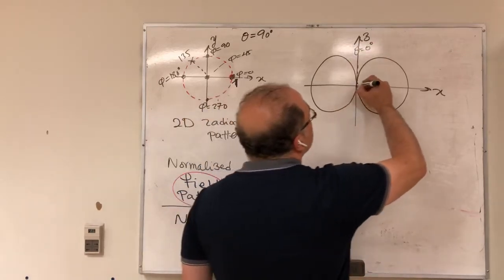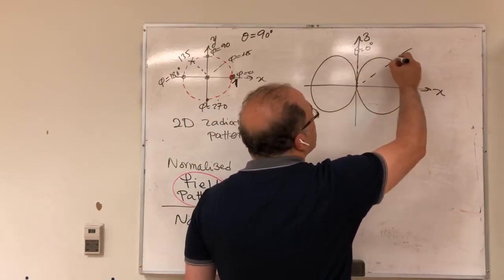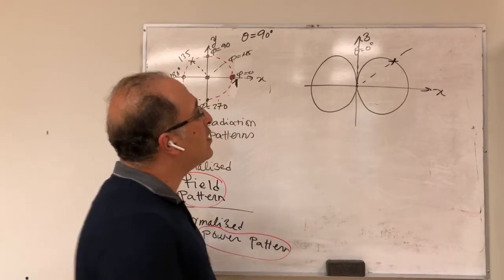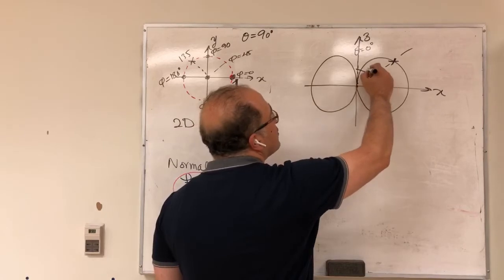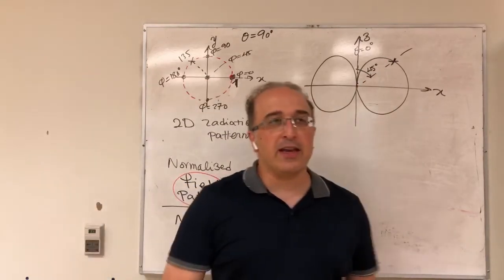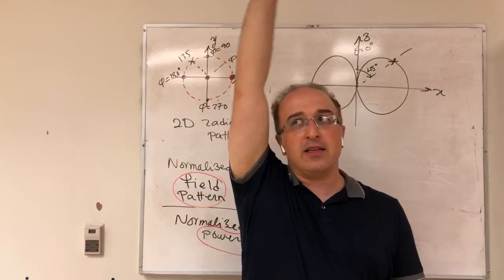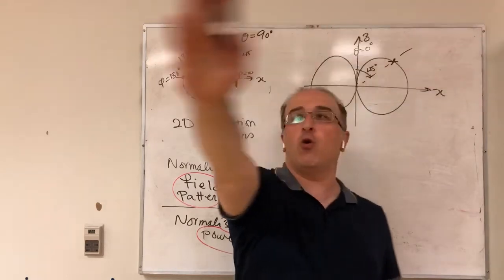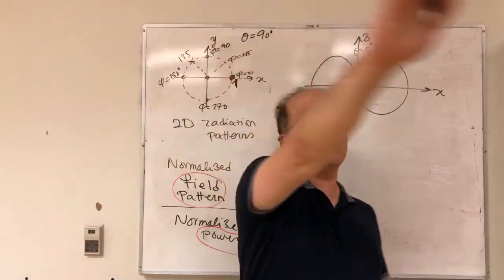Now, what about this angle? What about this point that I'm observing the radiation pattern? This is, of course, as you see, theta 45. But remember, theta 45, again, if I'm on the z-axis, this is 45, but all of these would be 45. It's a cone around me. All of them are 45.